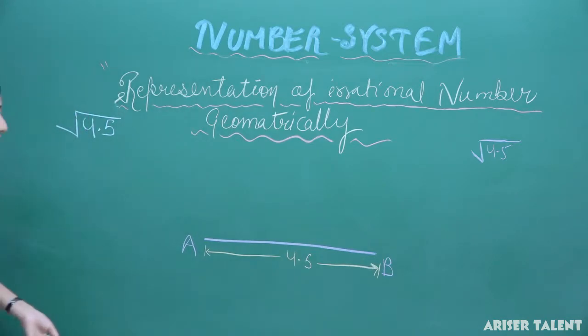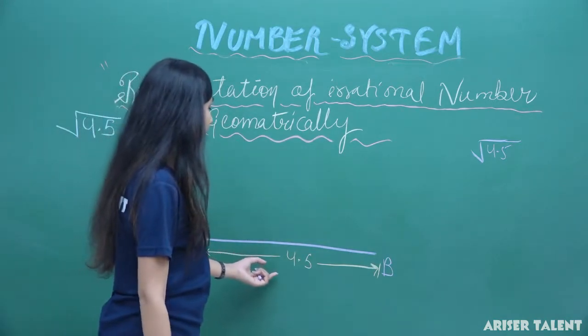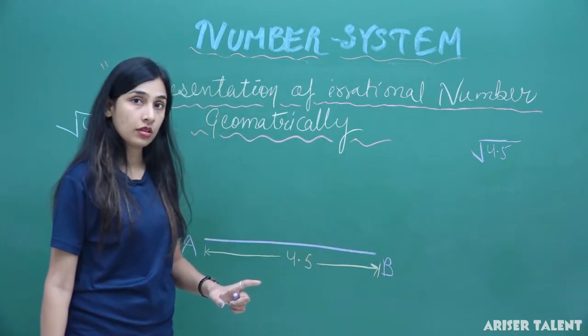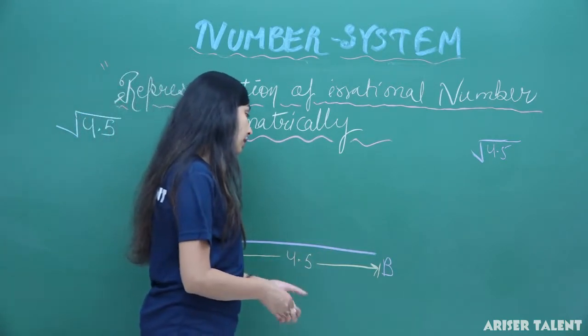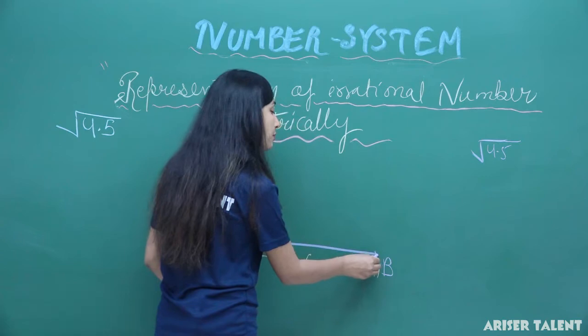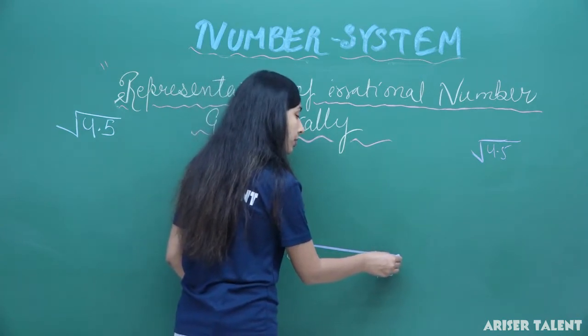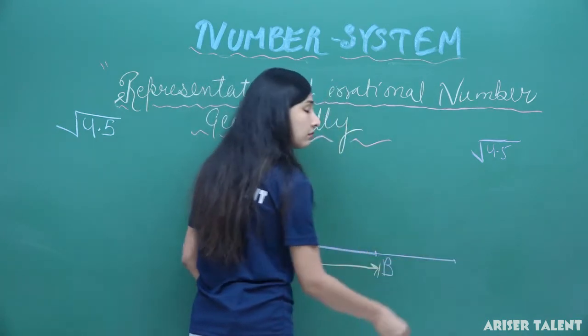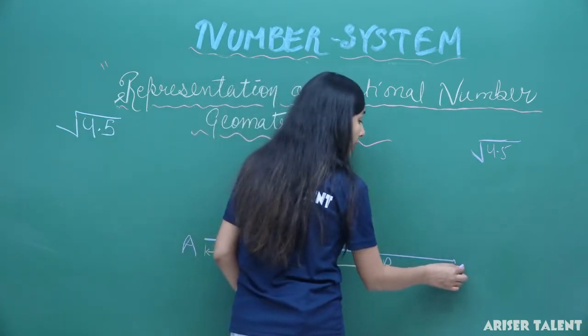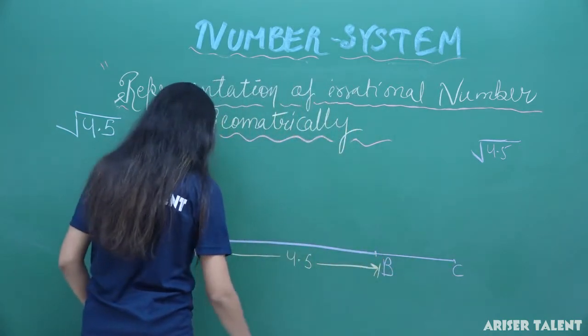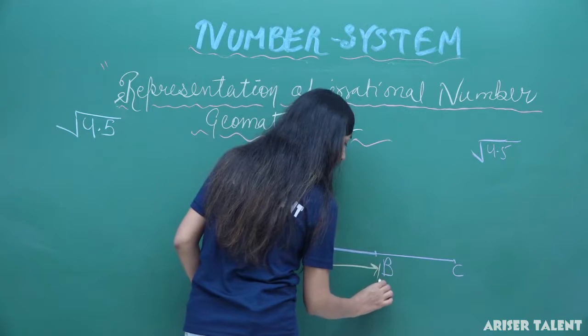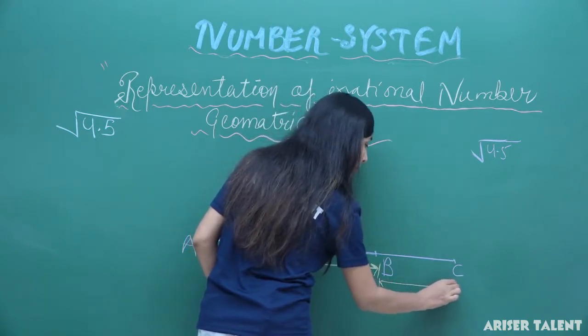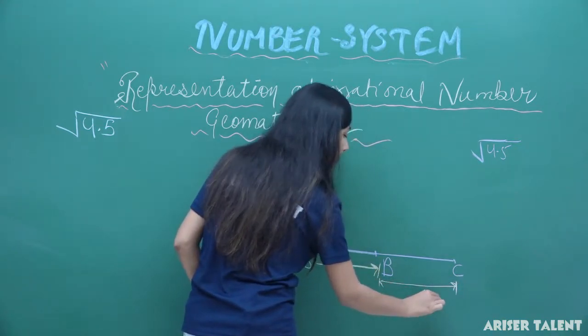Okay. You have drawn a line equals to 4.5, right. Then extend this AB to a new point, sorry, C, such that this BC is of unit length.